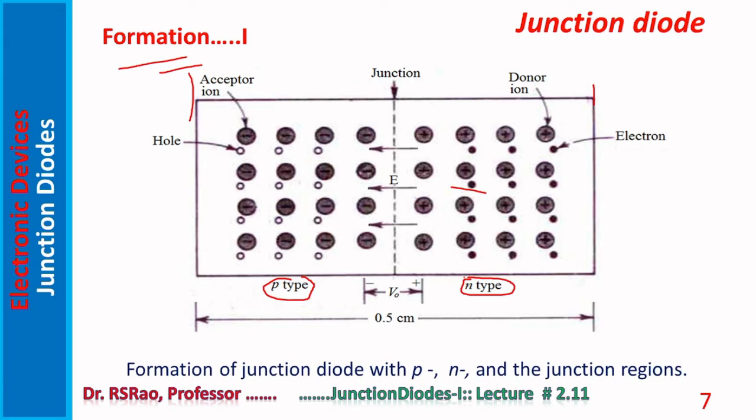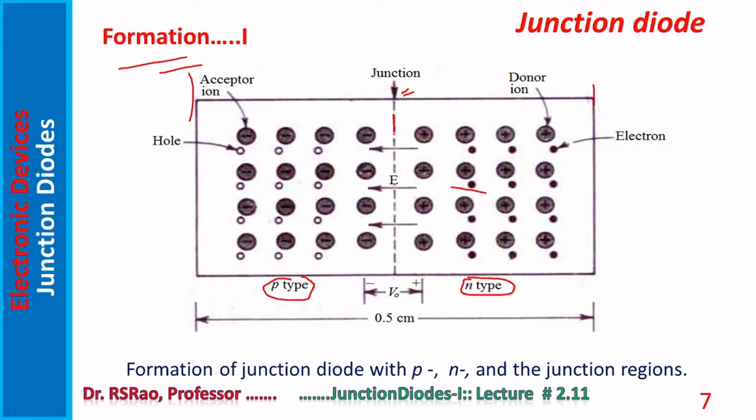These impurities go inside and displace some of the semiconductor atoms, ultimately resulting in a good number of holes on the P side and a good number of electrons on the N side. You can see the interface between these two regions. It is indicated by a discontinuous line, this one.